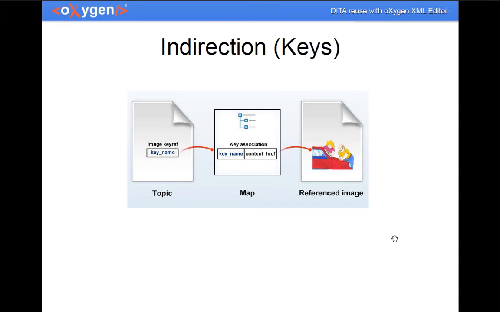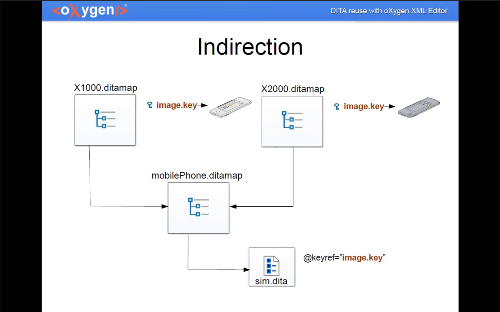So keys can avoid the need for multiple conditional elements, in our case, the image element. So here is how we can use keys to solve this problem.